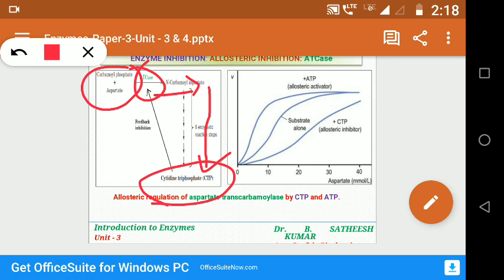Now by a feedback regulatory mechanism, if the concentration of CTP exceeds or goes beyond the necessary levels, then the excess amount of CTP binds to ATCase at the allosteric site, which is located on the regulatory subunits.